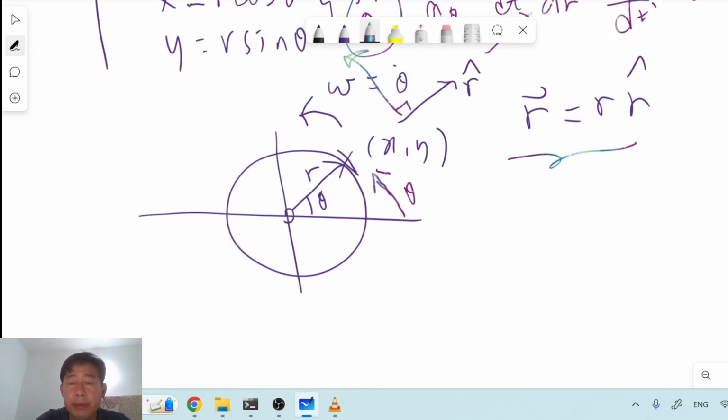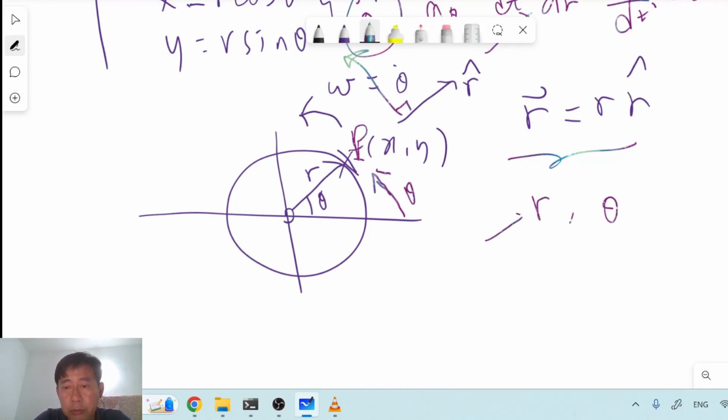So to sum up, for the object executing uniform motion, you describe the location of the point P, instead of in terms of x and y, in terms of r and theta.